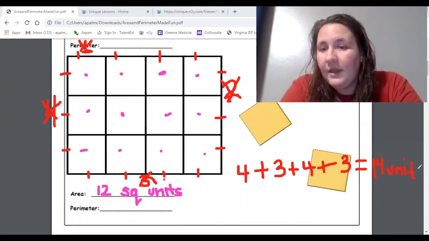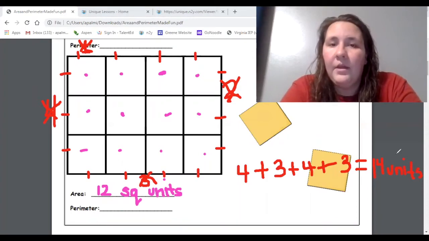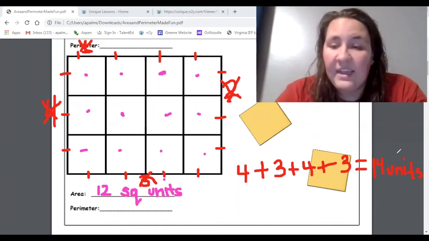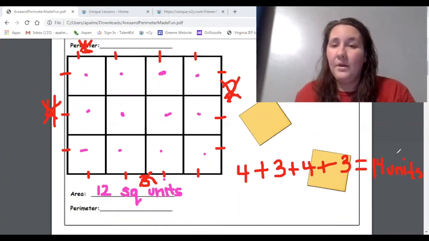The easy way is just to go around and count them. So let me pick a different color so that we can see the difference. Pick this bright blue. And we're just going to go around and count and see if we get the same number, okay?